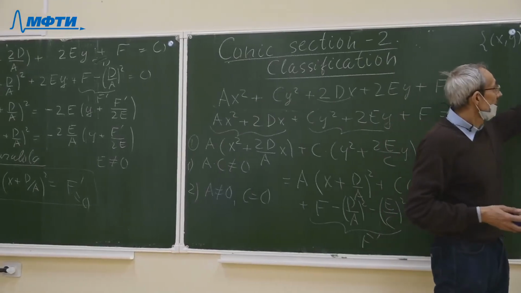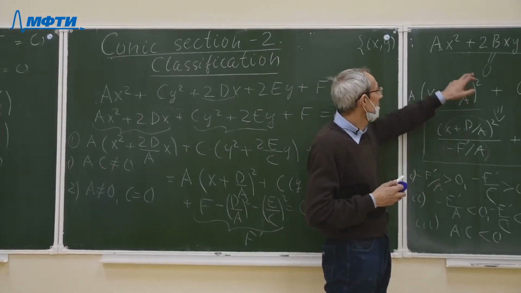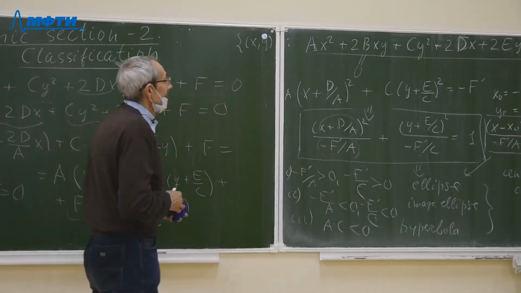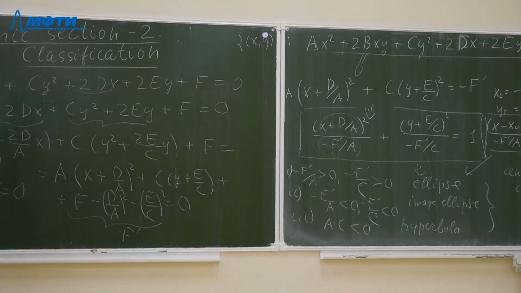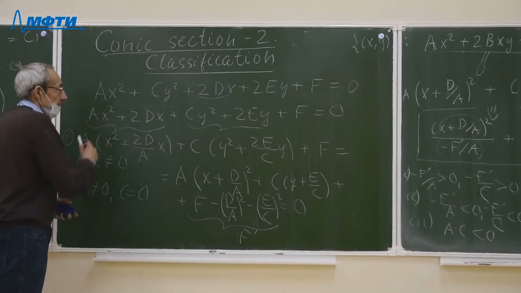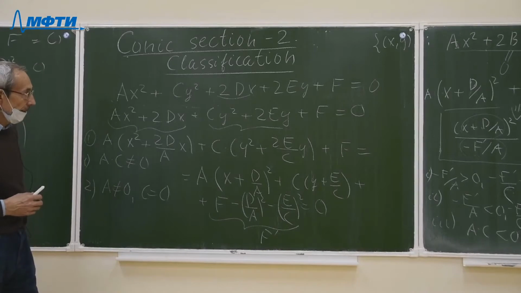Using the matrix of rotation, we kill this coefficient and reduce the general case to the partial case when this coefficient is equal to 0.